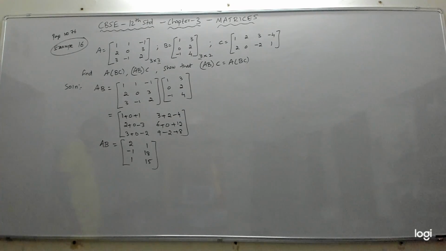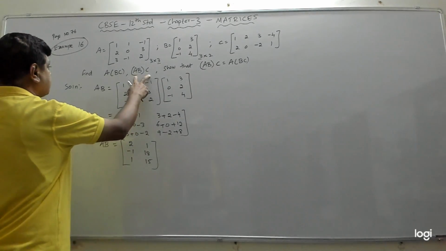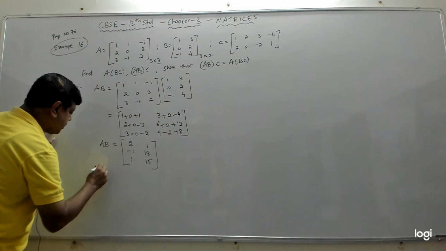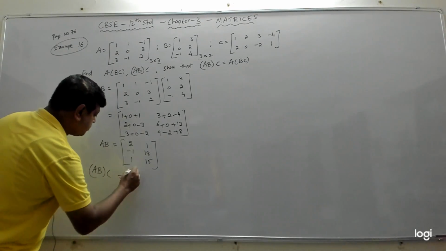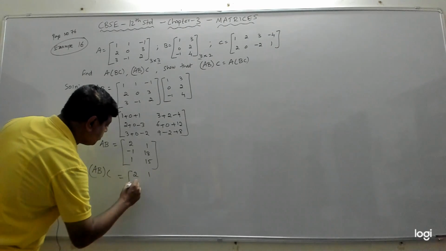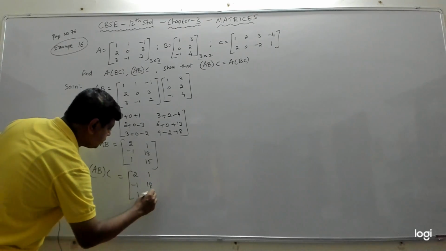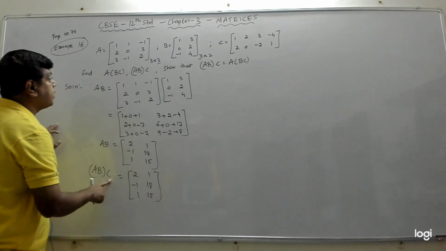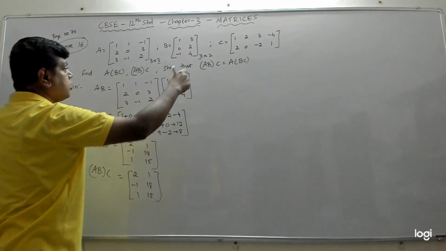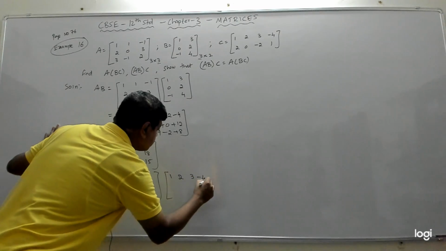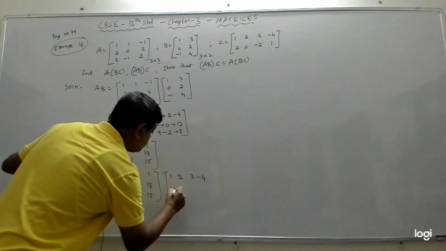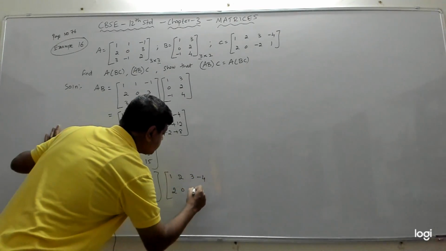Now we should find AB into C. So AB matrix with C. AB matrix is 2, 1, minus 1, 18, 1, 15. This is multiplied with the C matrix, which is 1, 2, 3, 4, minus 4, 1, 2, 3, minus 4, and 2, 0, minus 2, 1.